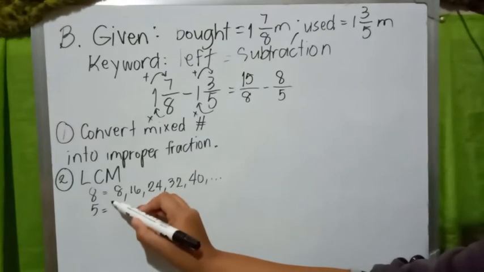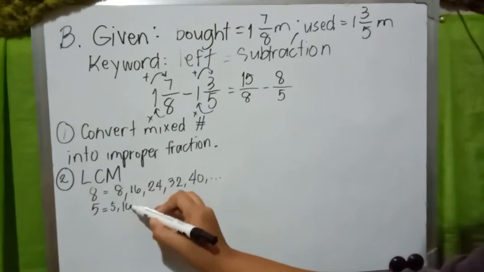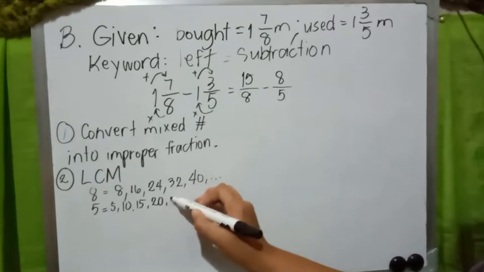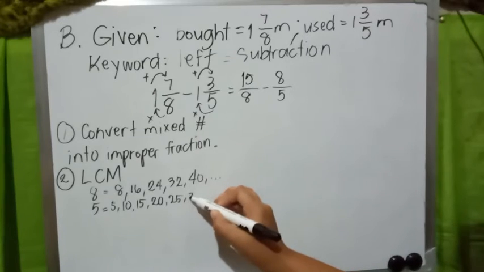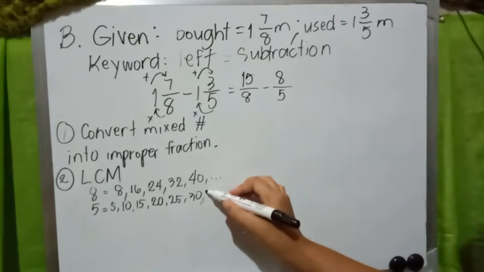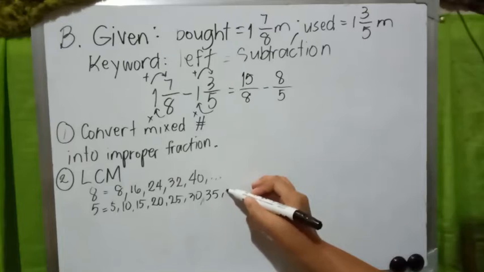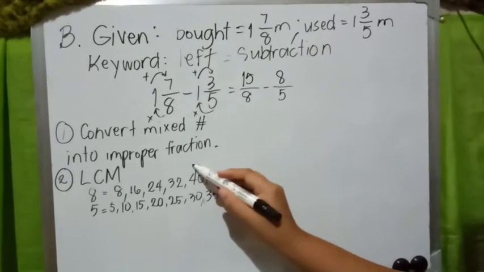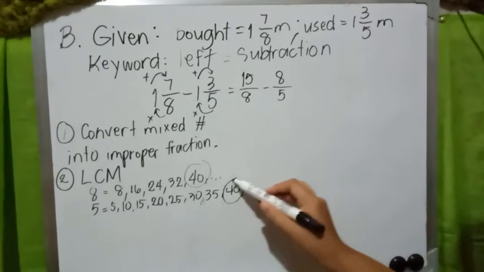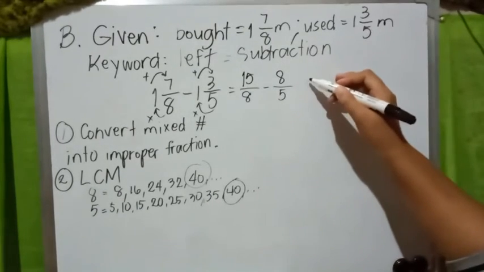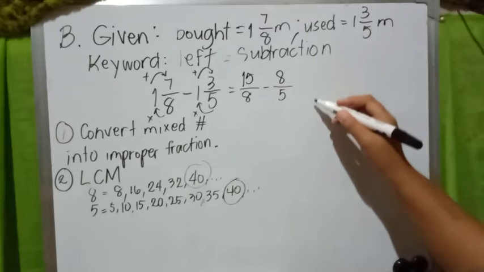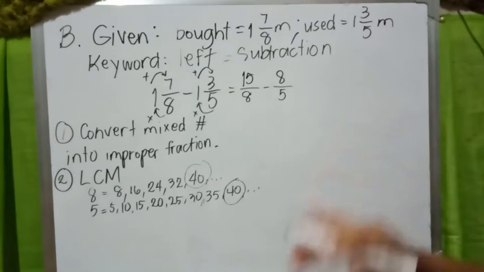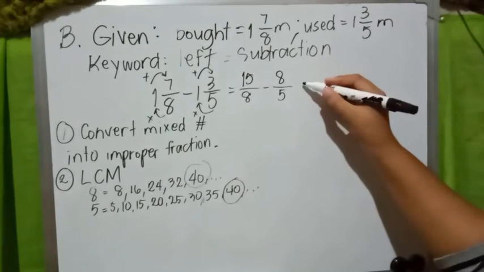Okay, let's have 5. 10, 15, 20, 25, 30, 35, 40. So as we can see, we have a common multiple of 40. So we need to do the equivalent fraction, wherein we need to multiply to get the same denominators.